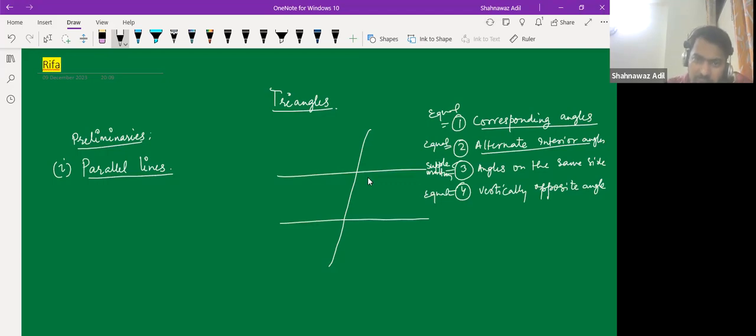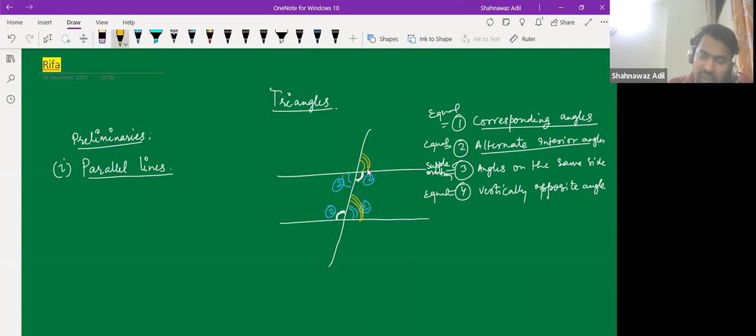If I talk about these two angles, this one and this one, they are alternate interior angles, right? And this one and this one are also alternate interior angles. And then we have these angles, this one and this one.